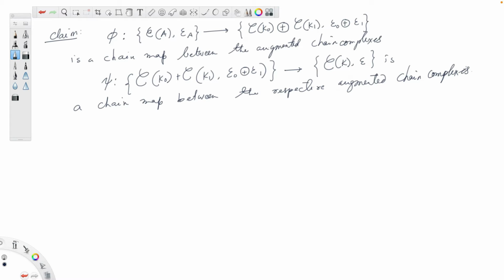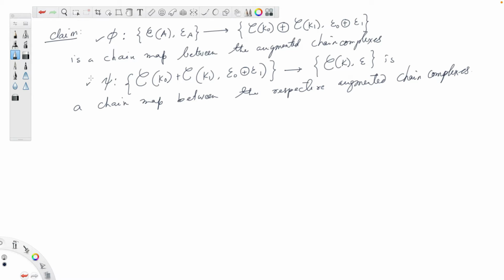Okay, so how do we see it? This is because both phi and psi are augmentation preserving maps, which can be seen from the following commutative diagram.